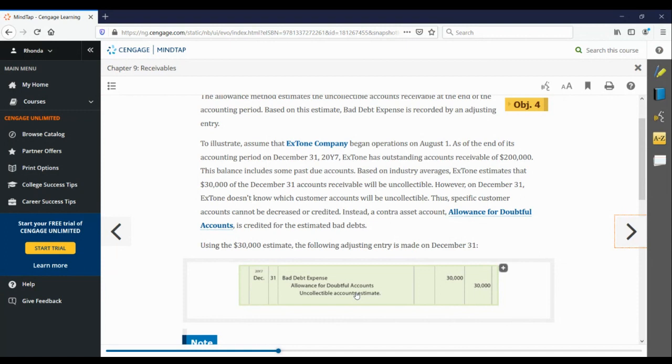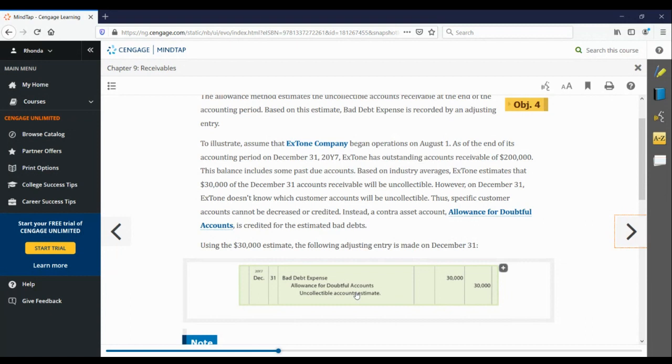The allowance for doubtful accounts is what we call a contra asset account. It is contrary, or it offsets the accounts receivable account on your balance sheet. You might remember from a previous chapter that we talked about another type of contra asset account. That account that we talked about was accumulated depreciation.